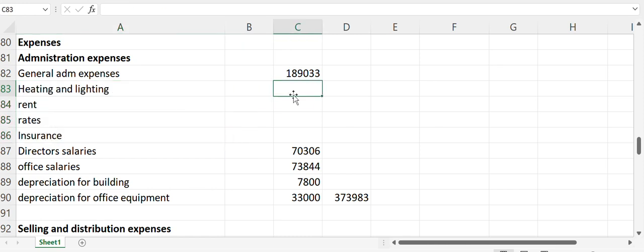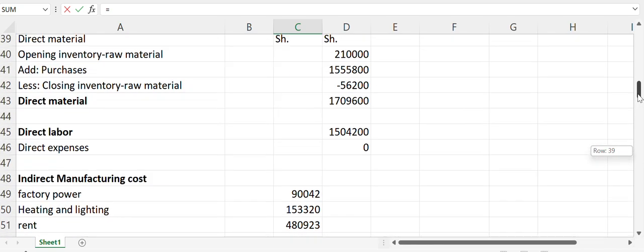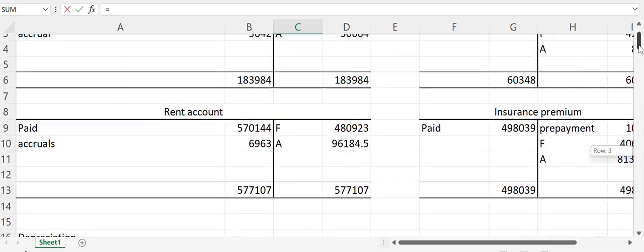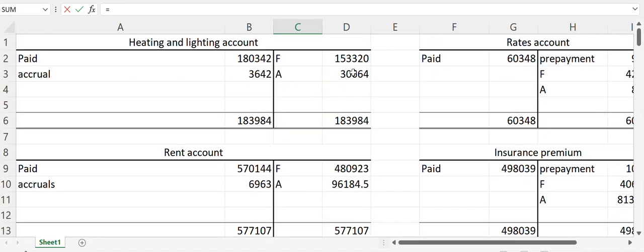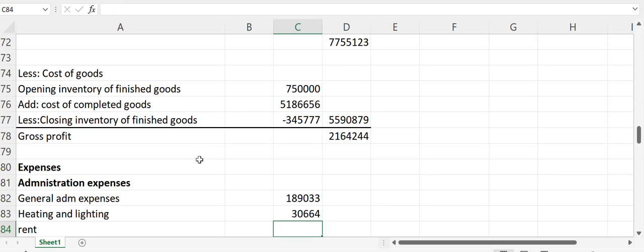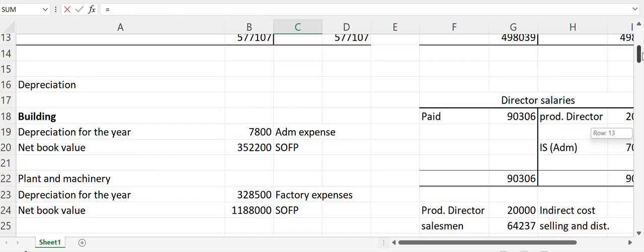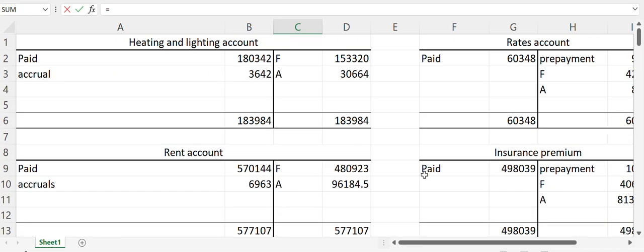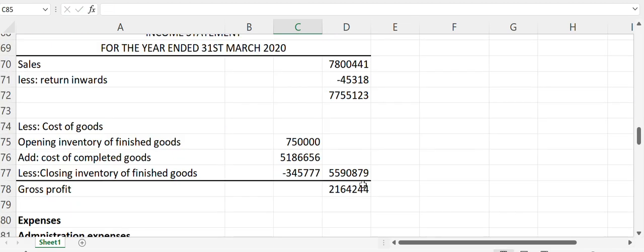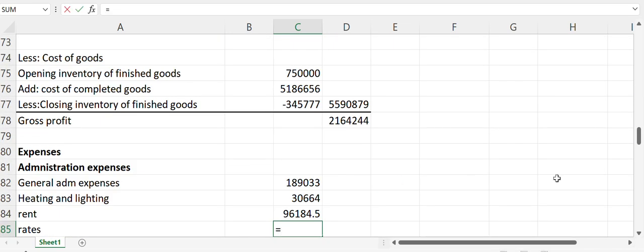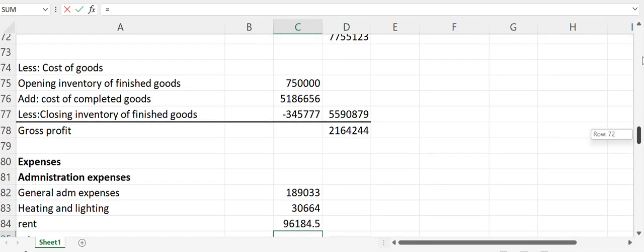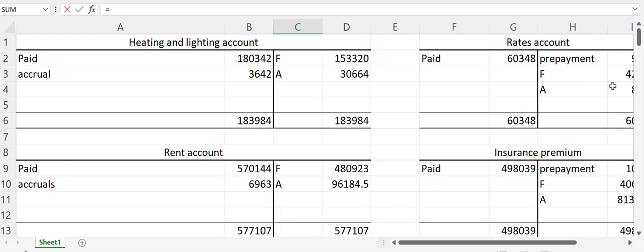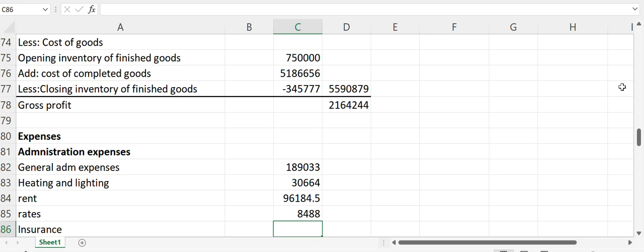So we begin with heat and lighting. So admin, that one. Then rent, that one. Then rates, then insurance.